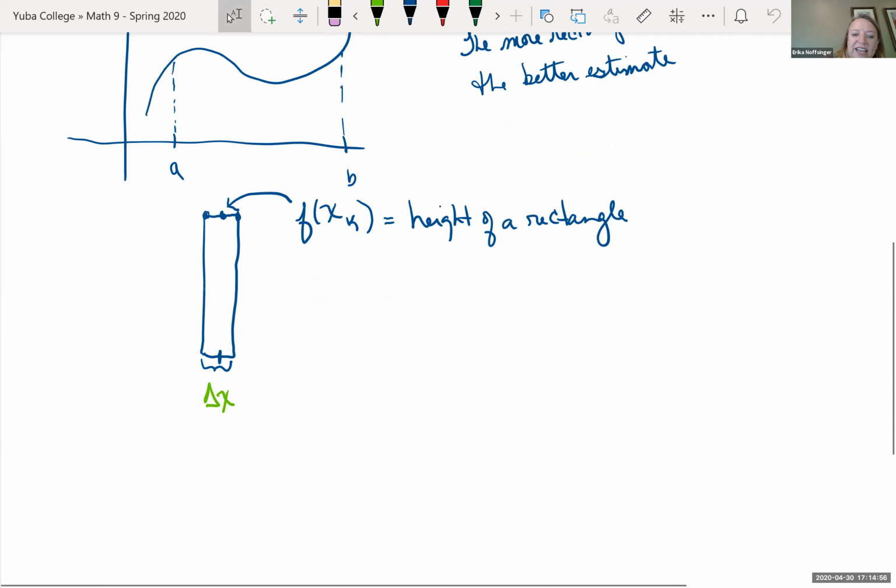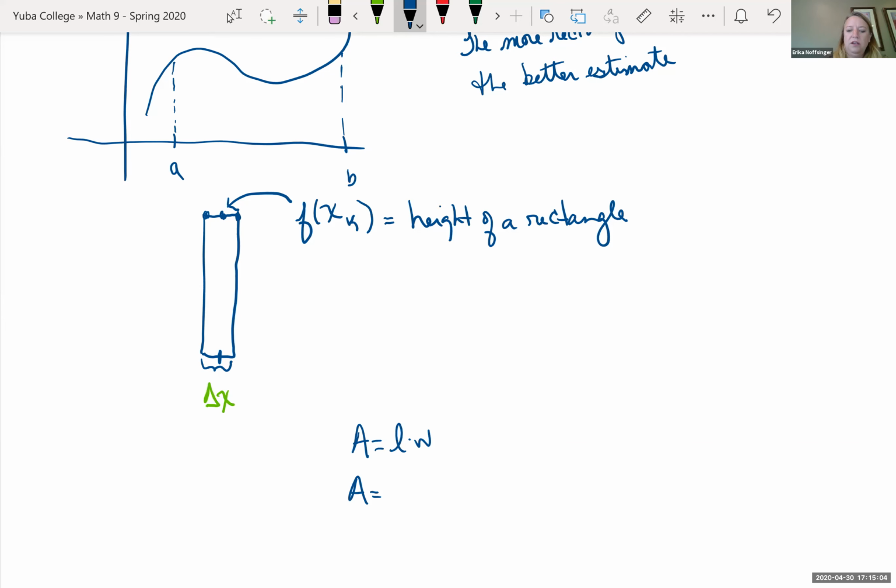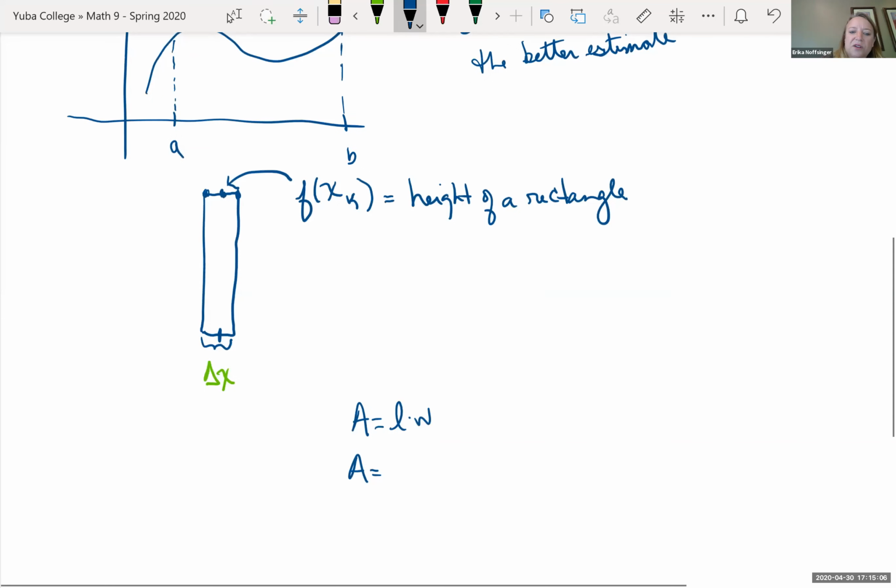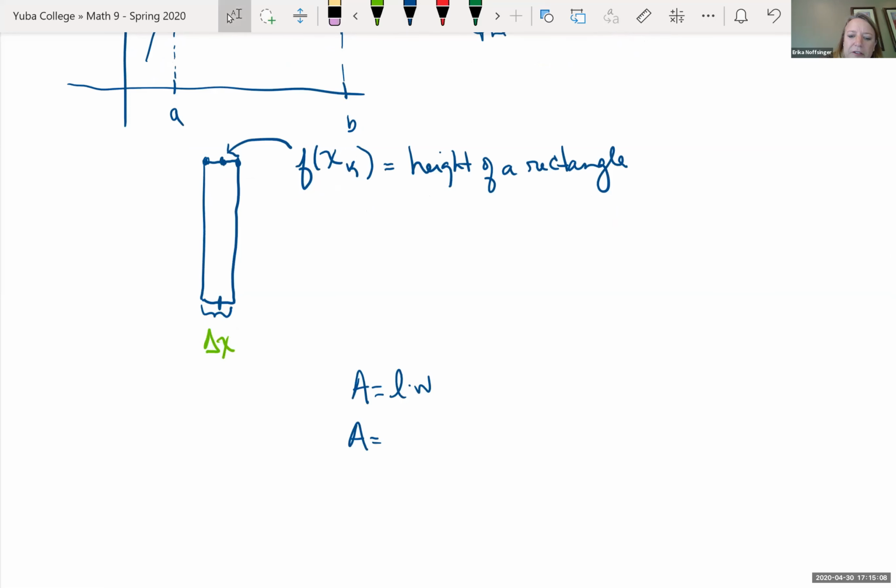Okay, so if we take the width and the length, we have this f of x sub k, or the height, times the width, delta x. But that's just one of them.